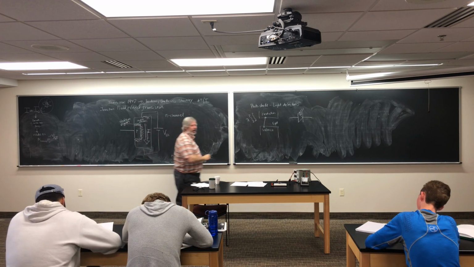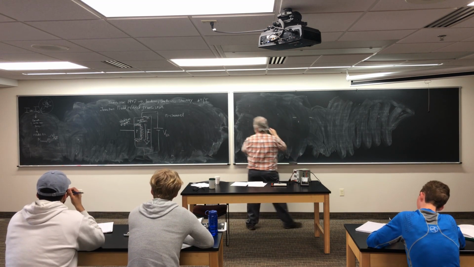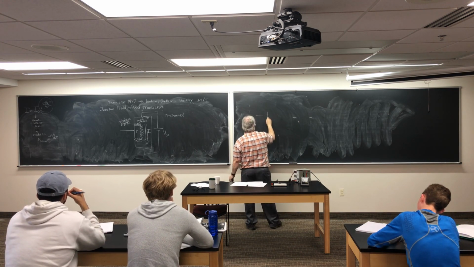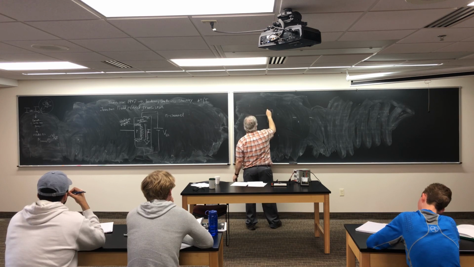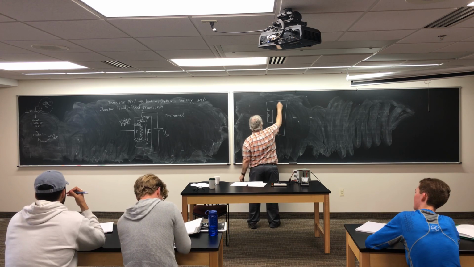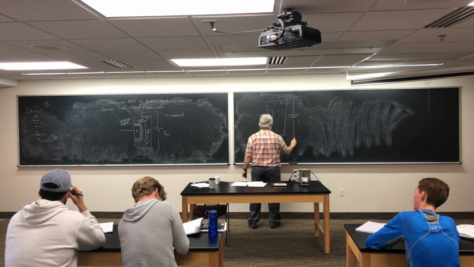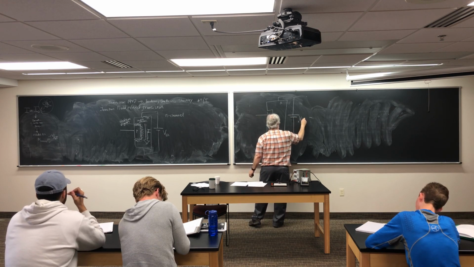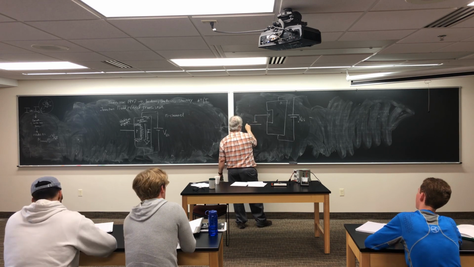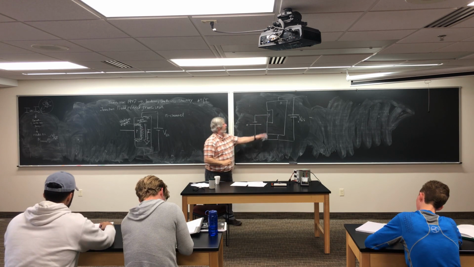What happens if I forward bias that now? Or reverse bias it. That's actually what I want to do. Here's my p-type. Here's my n-type. I'm getting current going through here. But what if I reverse bias this? What if I put a negative and a plus there, between the n-type and the p-type?